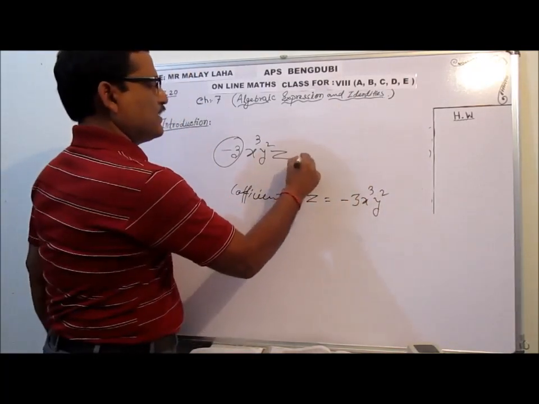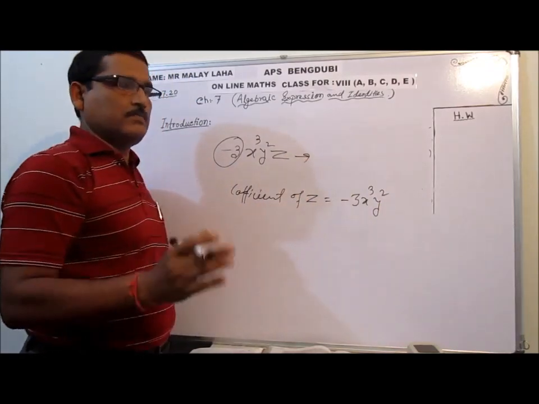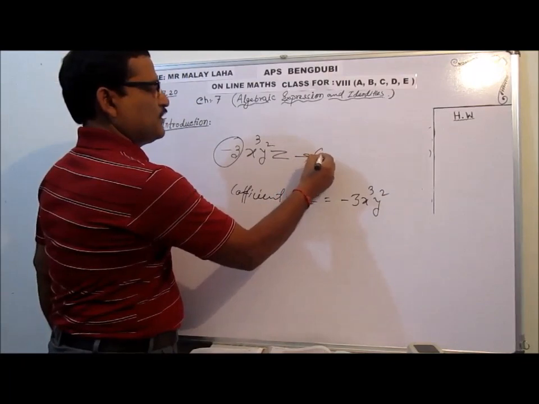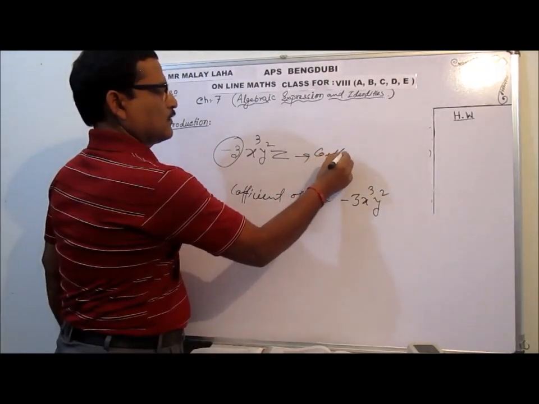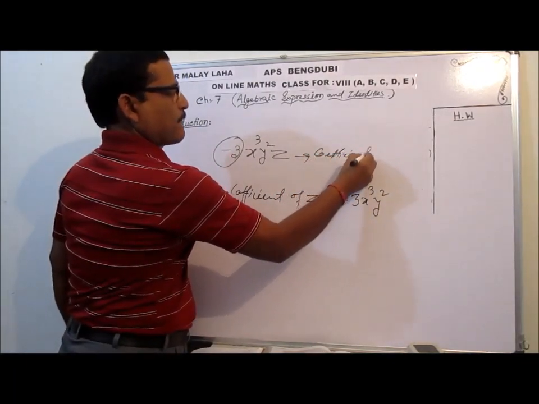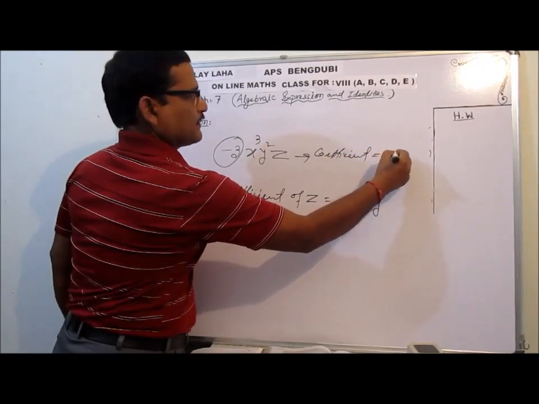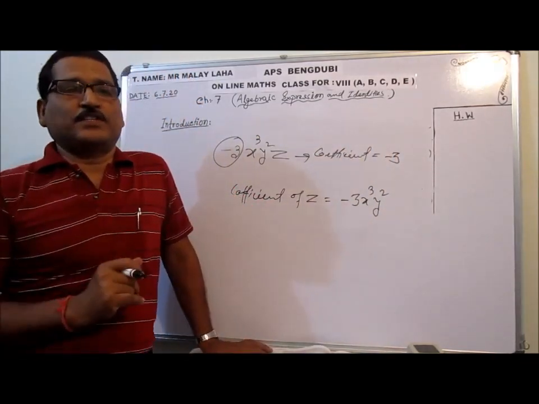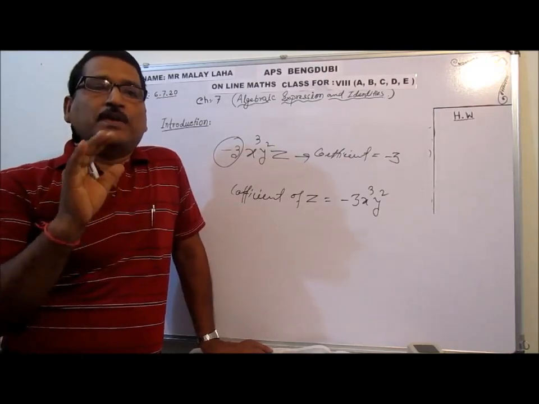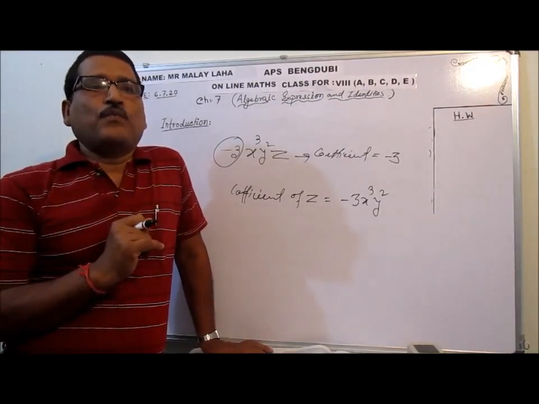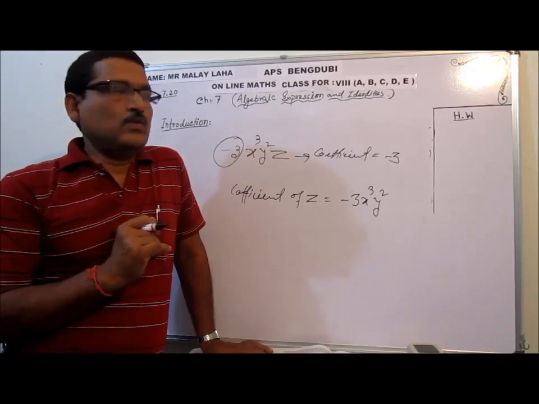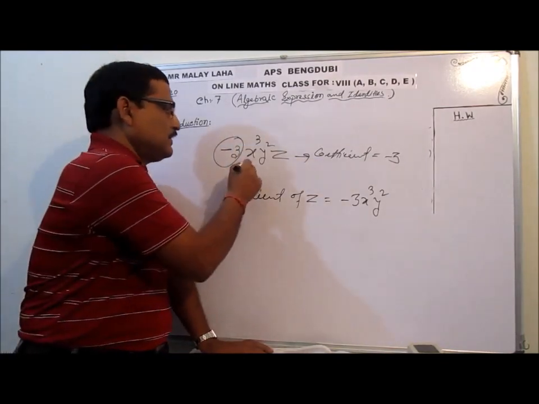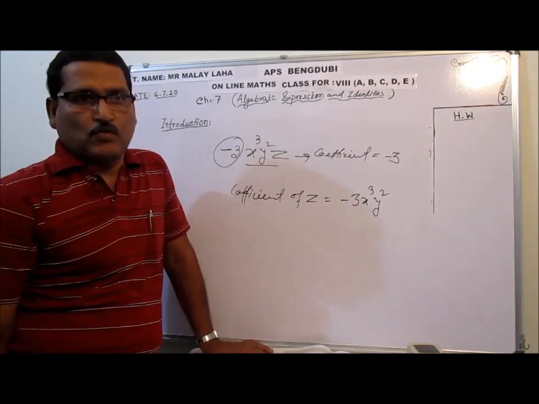And only the numerical coefficient is equal to minus 3. Have you understood? It depends upon the instruction. When you are asked to find the coefficient of the following terms, you consider only the numerical factor before each term, the numerical coefficient.